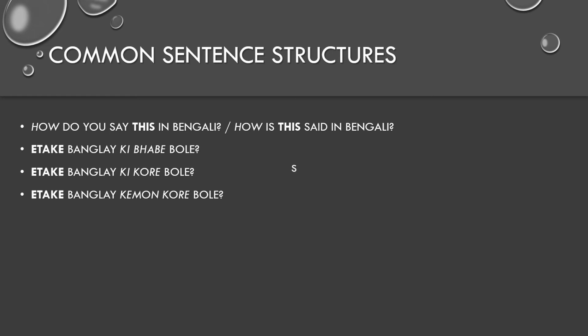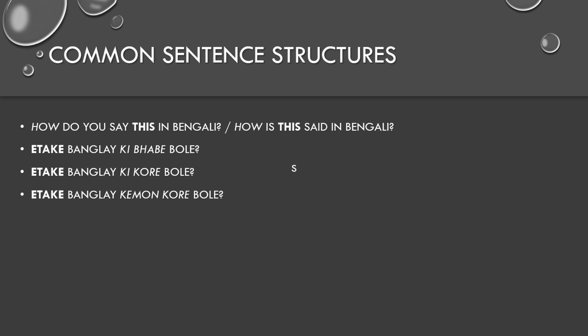Now if you want to translate a sentence, this structure which we are going to learn now is the more common one. So এটাকে বাংলায় কিভাবে বলে? How do you say this? When you're asking for translation of a sentence, you will not say what is this called, you will say how is this said in Bengali.